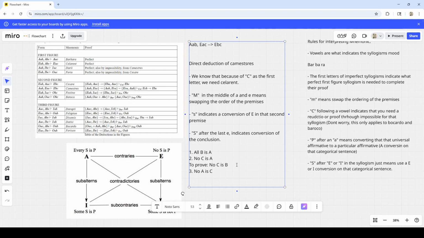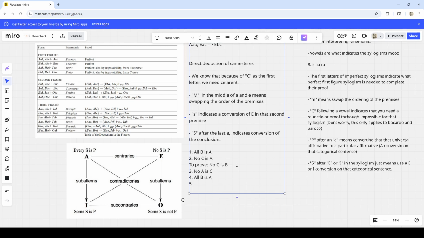Then, in step 4, we restate premise 1, all B is A, and then you can logically conclude that no B is C, and this is step 3 for Celarent. Then we can logically convert it again, because the S after the last E indicates the conversion of the conclusion. So no C is B, conversion of 5.